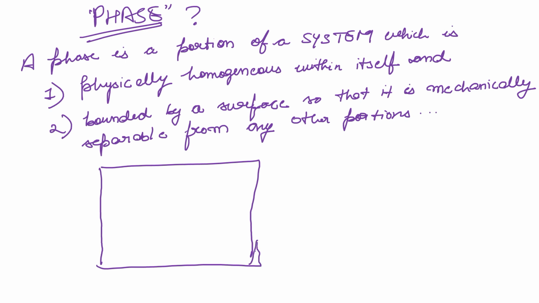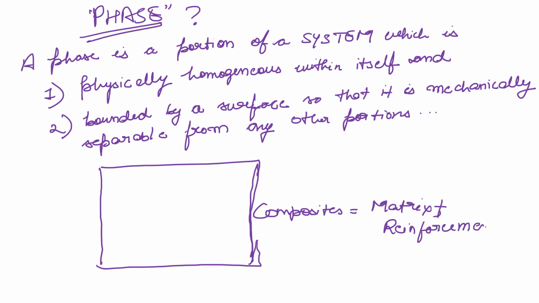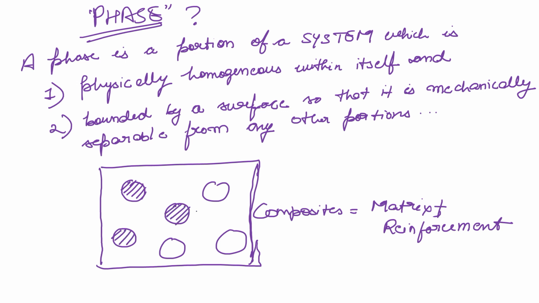So let's say the best example which I can take to explain this is composites. So in composites we have matrix and reinforcement, right? So if we have a ceramic matrix composite or a metal matrix composite, anything, we'll have certain dispersed phases which we call reinforcement, and it can be in different geometries.